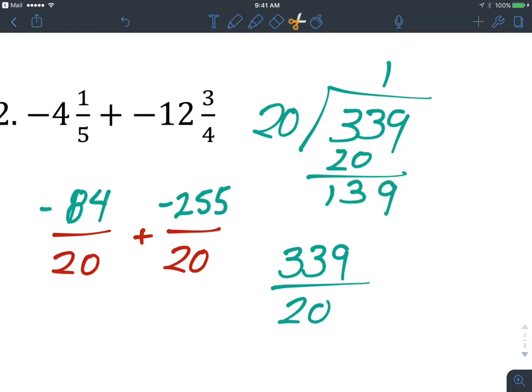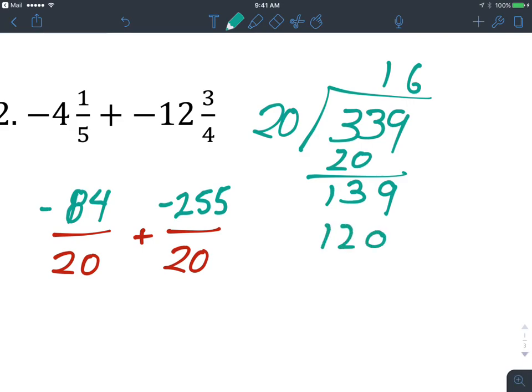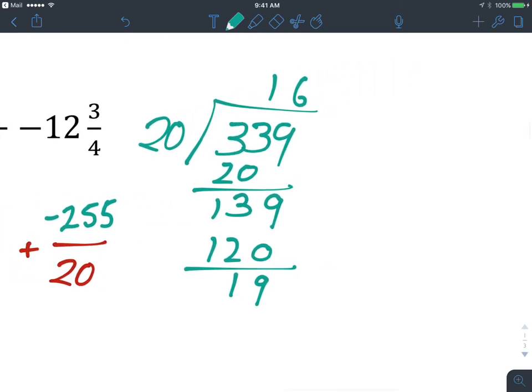I'm going to remove this to make space. 20 goes into 139 6 times with a remainder of 19. And so my answer is going to be a negative. Don't forget that you are adding two negatives. It's going to be a negative 16 and 19 over 20.